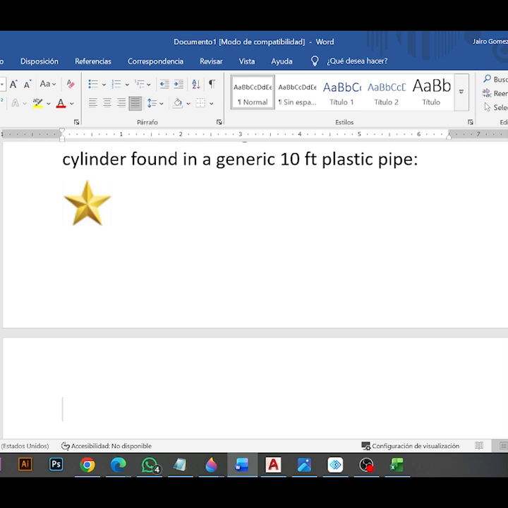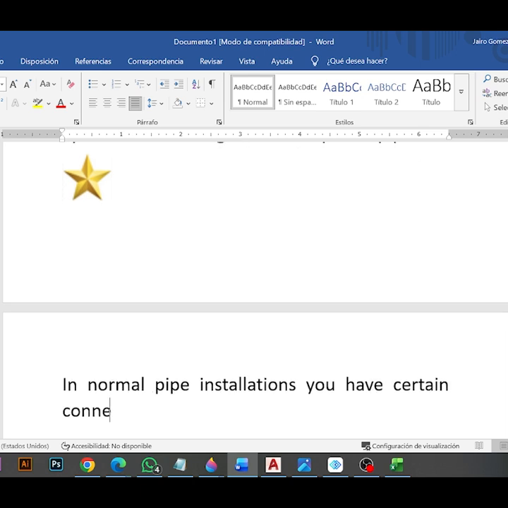Now the next question is, in normal pipe installations, you have certain connectors that connect different types of pipe.